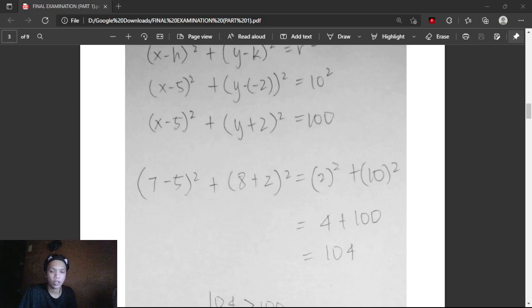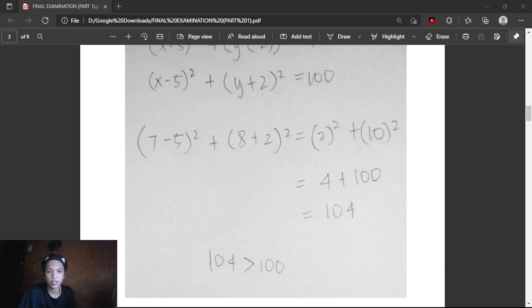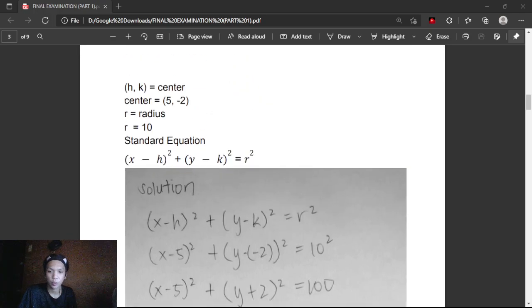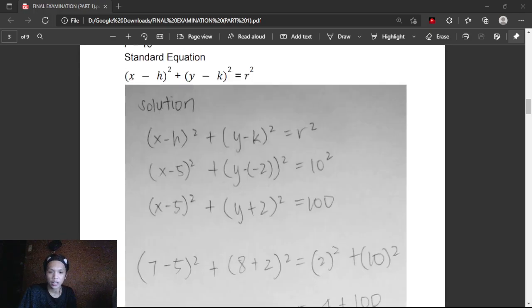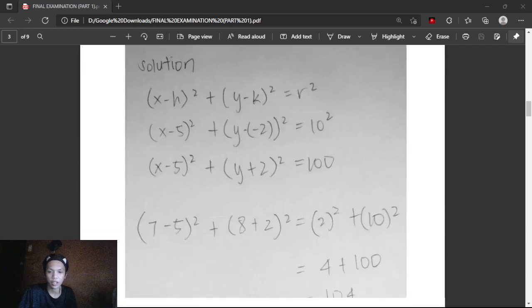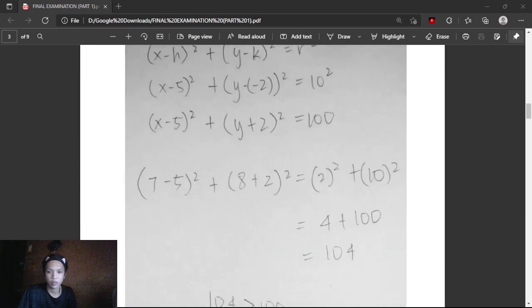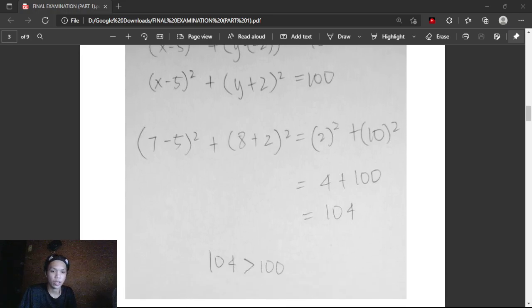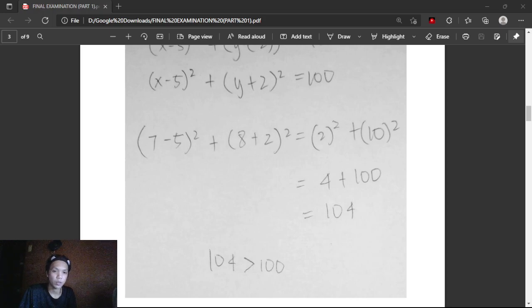To find out if the subscriber is in range or not, we put in the x and y of the subscriber, which is 7 and 8. So 7 minus 5 squared plus 8 plus 2 squared equals 2 squared plus 10 squared. The answer is 4, because 2 times 2 equals 4, and 10 times 10 equals 100.